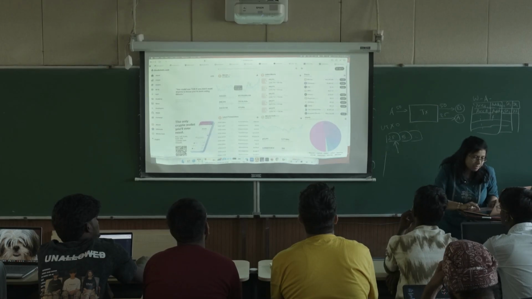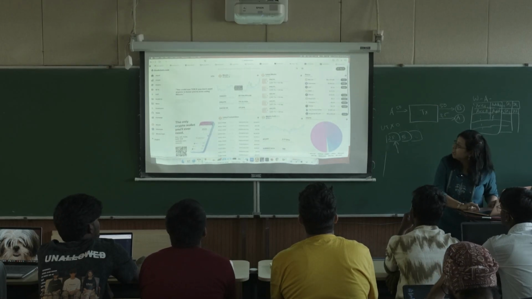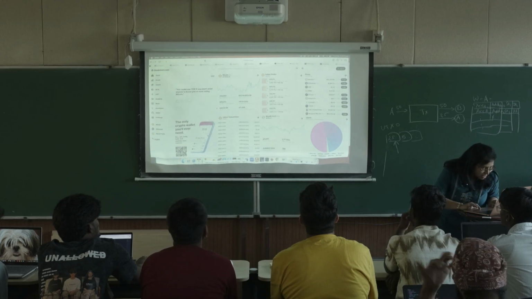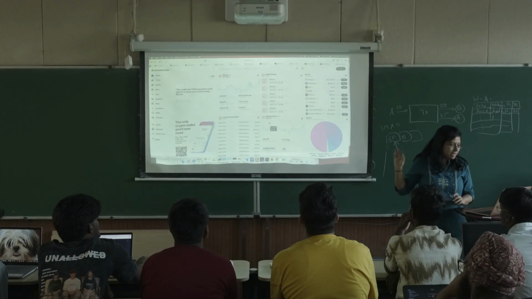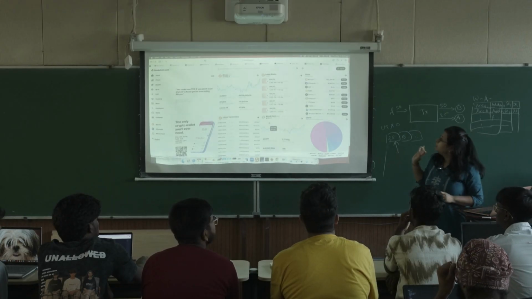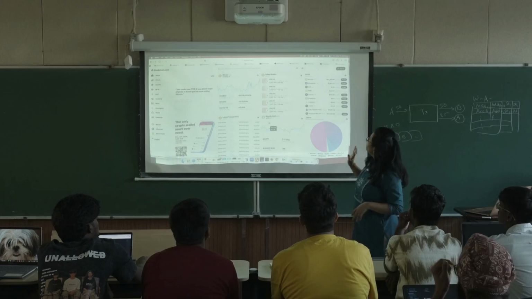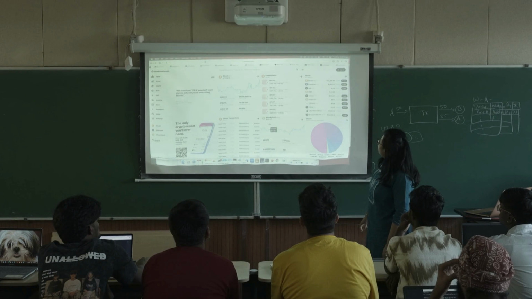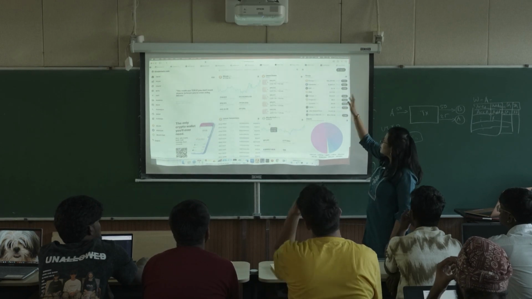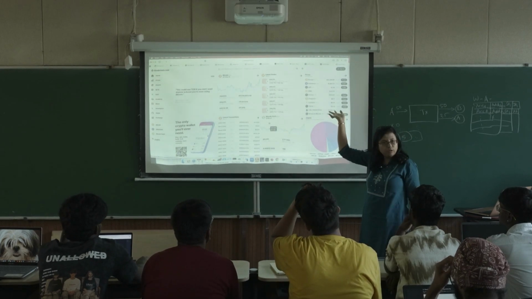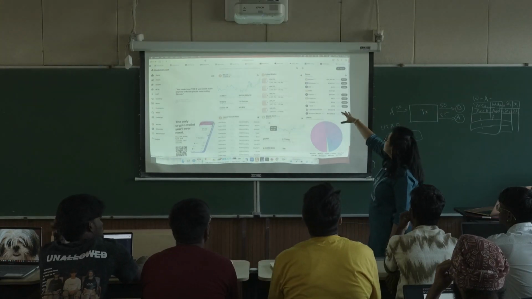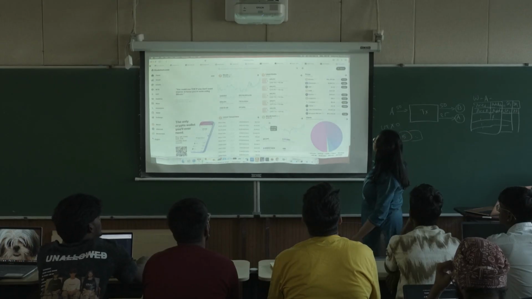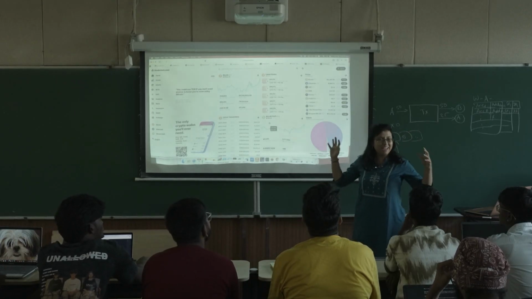So, can you see? I can't remove this part, but okay, we'll see. This is actually bitcoin.com. It gives us a list of all that is happening in most of the known cryptocurrencies, and you will see Ethereum, Bitcoin, everything here, and all the data that you were looking for.